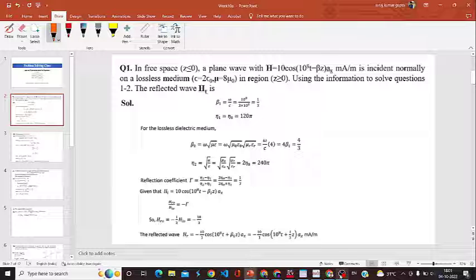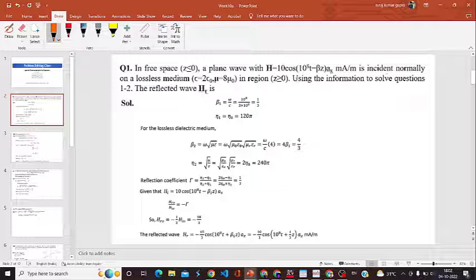So here is the first problem. The problem states that in free space, that is z less than or equal to 0, a plane wave with magnetic field 10 cos(10^8 t minus beta z) along the a_x direction, in milliampere per meter, is incident normally on a lossless medium defined by its permittivity epsilon equal to 2 epsilon naught and mu equal to 8 mu naught, occupying the region z greater than or equal to 0.